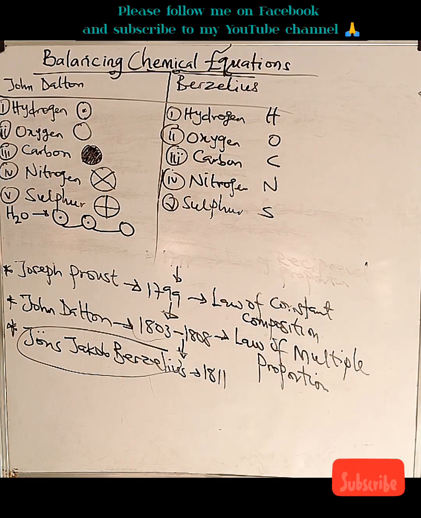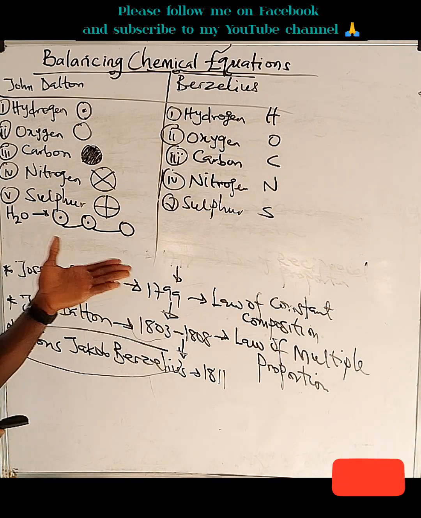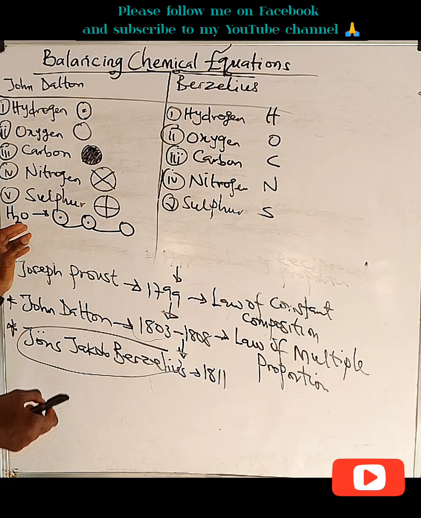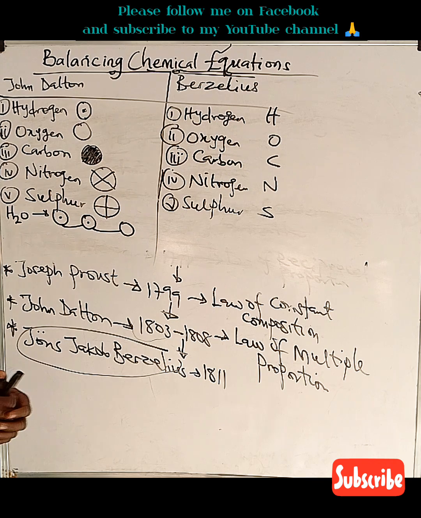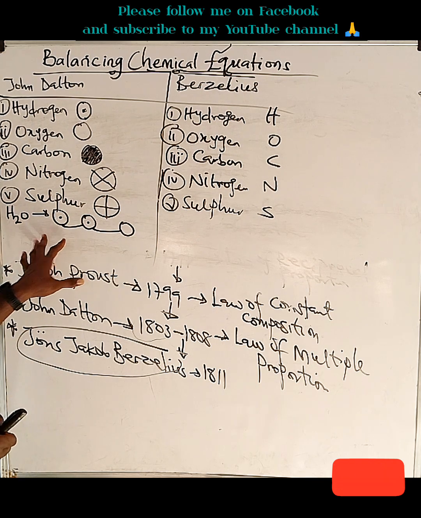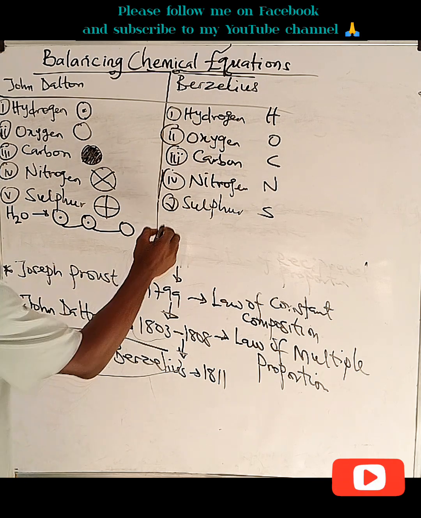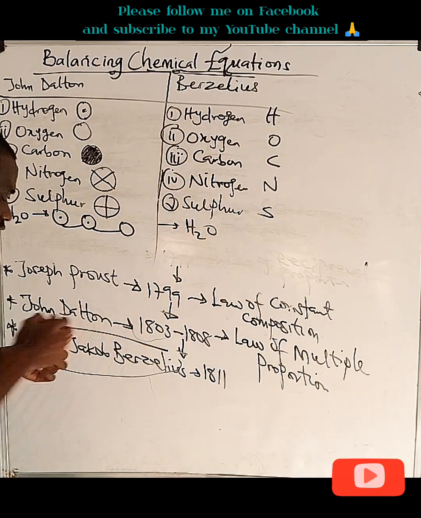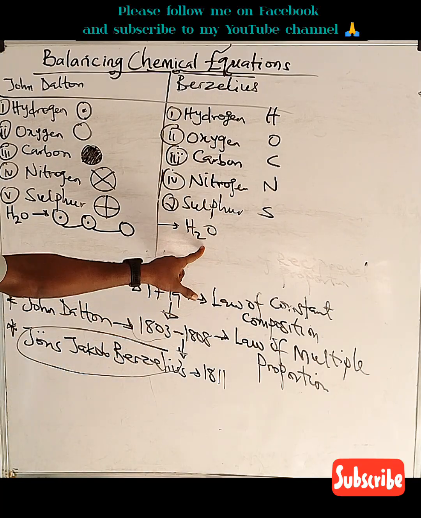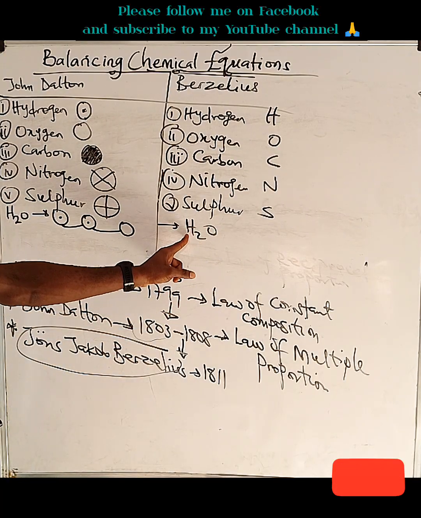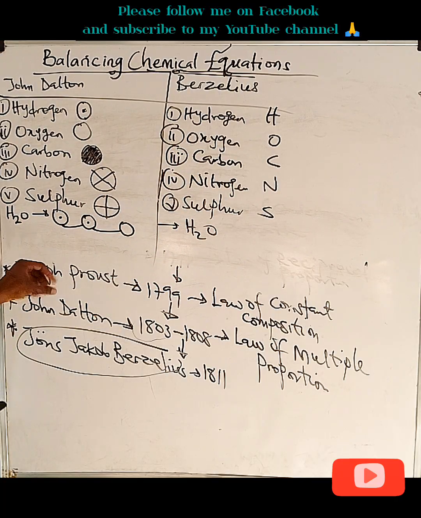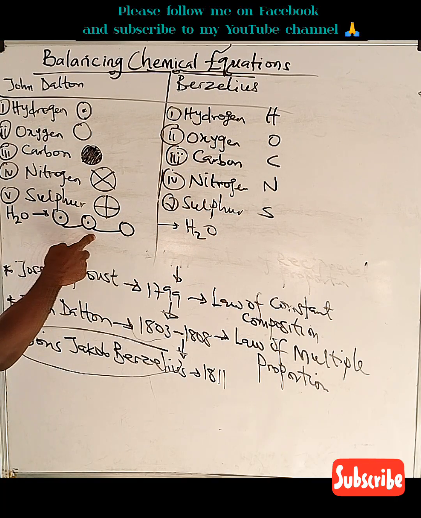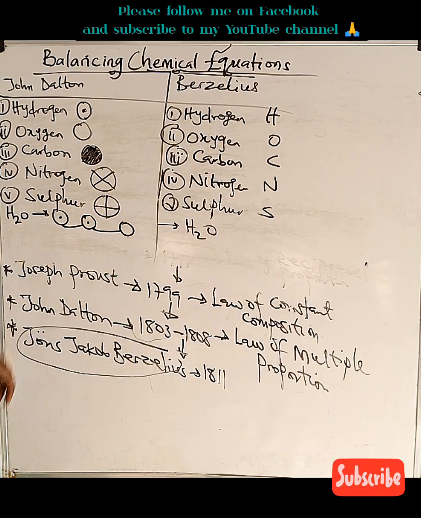This was how John Dalton would write out his chemical symbol for a given compound like water, H2O. Look at this, Dalton's work. But H2O here is Berzelius' work. So you can try to have a comparison between the two. Berzelius used symbols, hydrogen H, oxygen O, but Dalton used images. You can see there are two atoms of hydrogen and one atom of oxygen.